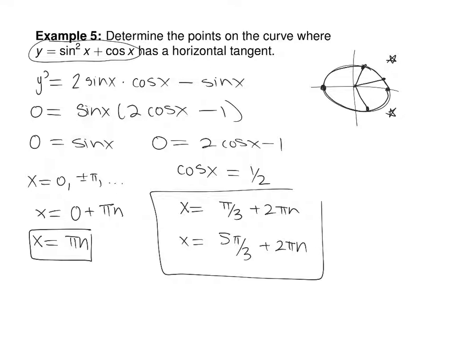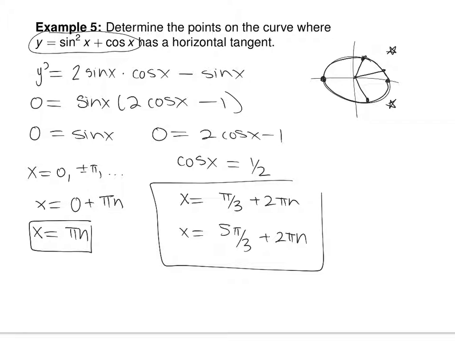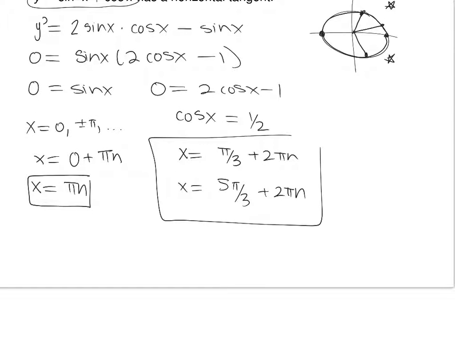So for the x's being pi n, the y is going to equal, what is sine of pi anything? It's going to be 0. What is cosine? Oh, and that's going to be different for different ones. So, yep. I didn't intend for it to be quite that hard. In this case, I'm probably looking for the x-coordinates, but it's a good thing to point out.